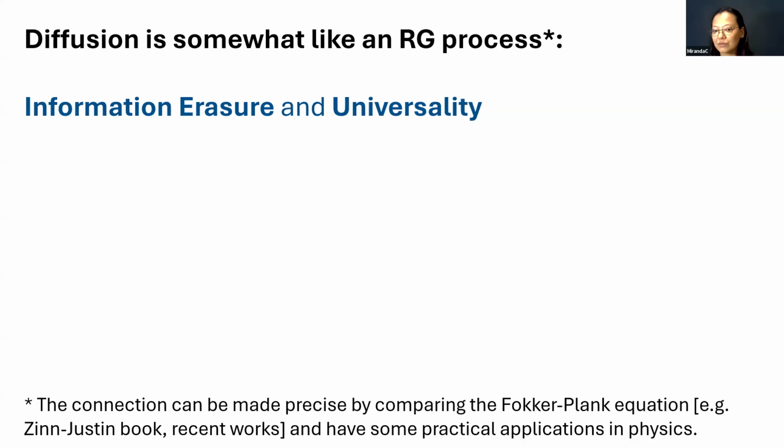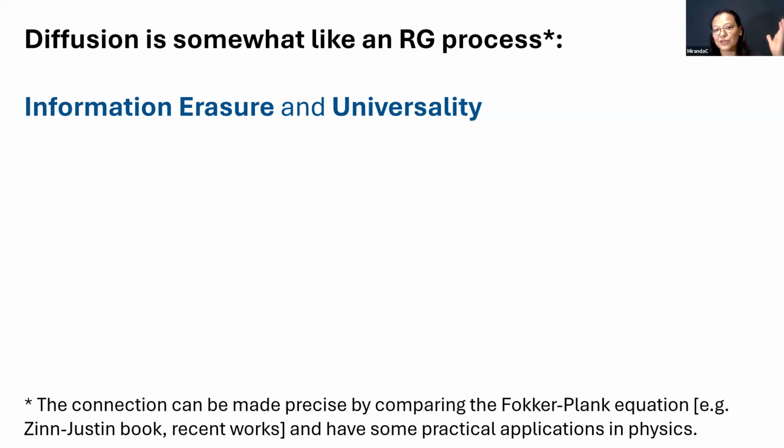And this idea of using diffusion to do RG can also have practical applications in physics. For instance, it has inspired some RG schemes. But since this is not what I'm going to focus on, I'll be pretty hand-wavy about the connection instead of going into the math, and basically just be spiritual about it. But this connection in its detailed form can be the topic of another talk.